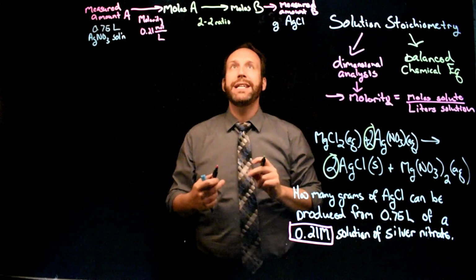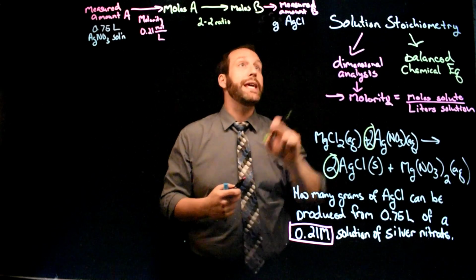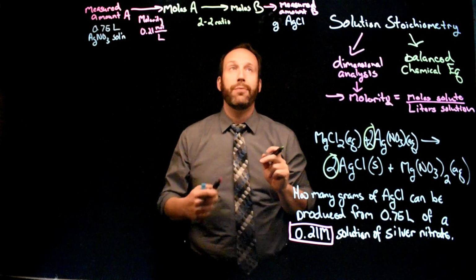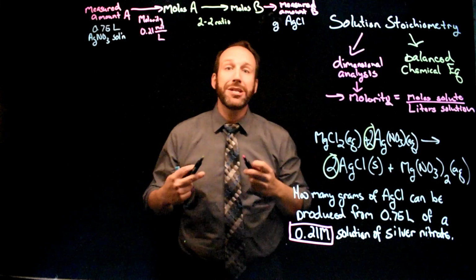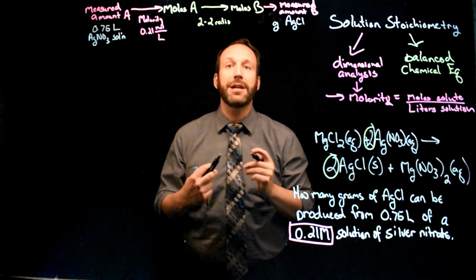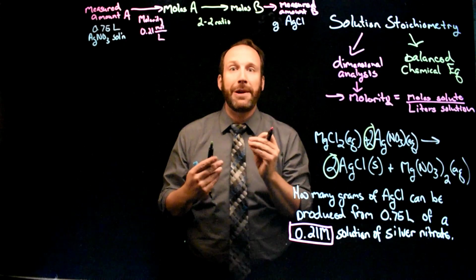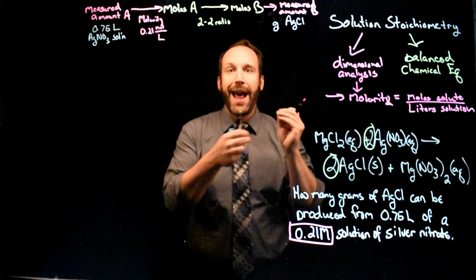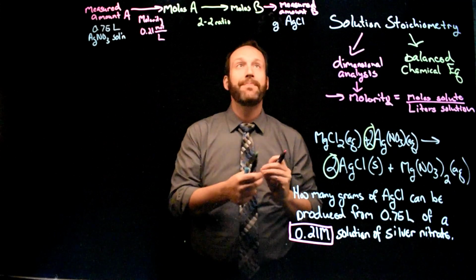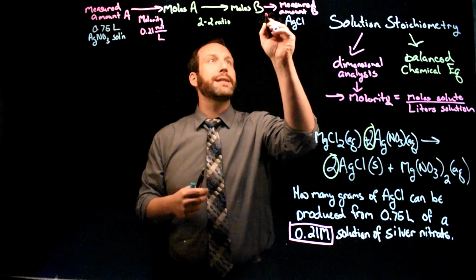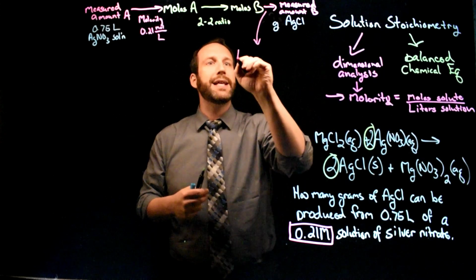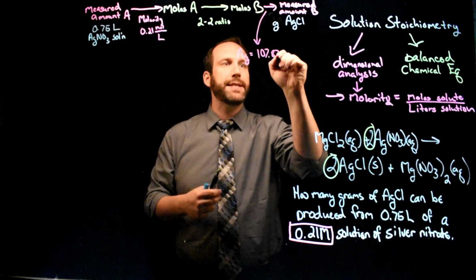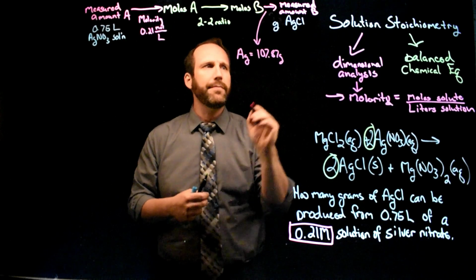And then finally, we need to be able to go from moles of B, or moles of silver chloride, into grams of silver chloride. Well, how are we going to get there? Well, we're going to use the periodic table, because molar mass, what's on the periodic table, tells us the relationship between the grams of a substance and the moles of that substance. So if you go to the periodic table, what you'll see is that silver has a molar mass of 107.87 grams per mole.